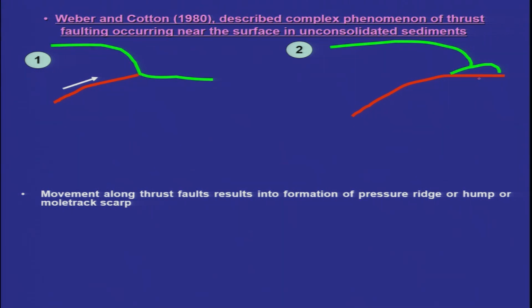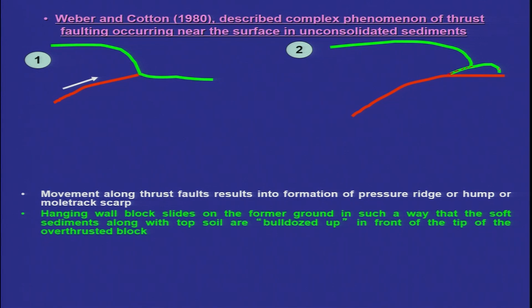the propagation of the tectonic movement will be seen on the foreland side. So earlier it was along this one, and now it has been taken up by this fault here. So the hanging wall block slides on the former ground. The contact between the ground below and above, this part, will mark the contact of the former ground.